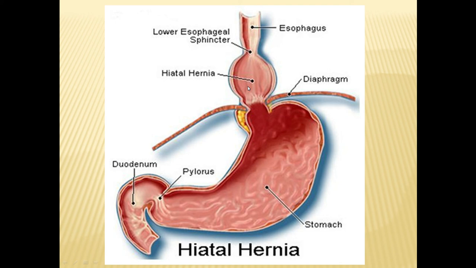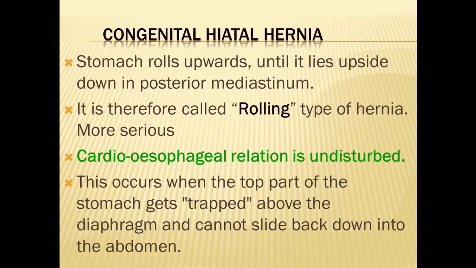What happens in congenital hiatal hernia? The stomach rolls upwards, until it lies upside down. That is known as the rolling type of hernia, and it's a very serious condition. Why?